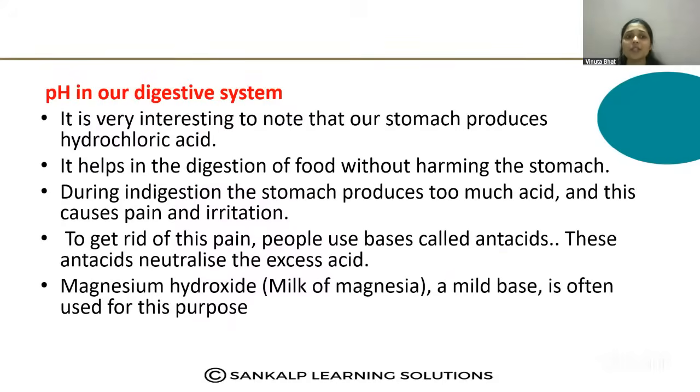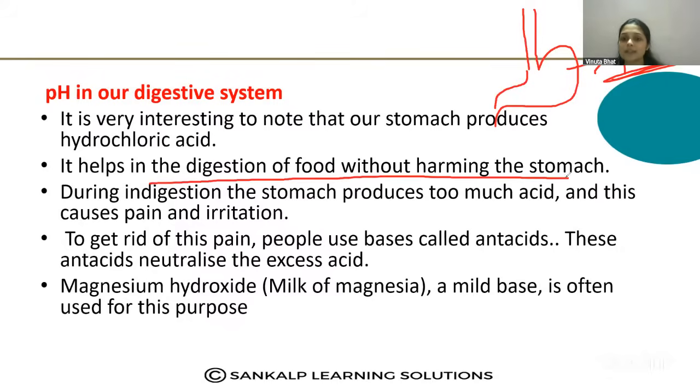Then pH in our digestive system. You know that our stomach produces HCl, hydrochloric acid. I hope you have studied this in the life processes chapter. It helps in the digestion of food without harming the stomach.